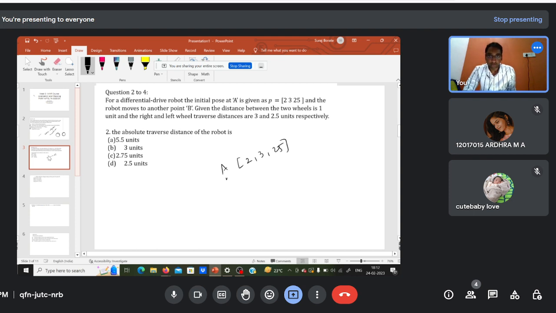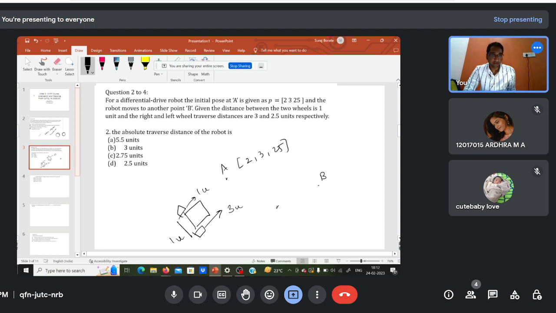The robot moves to another point B. Given that the distance between the two wheels, which means the wheelbase, is one unit, and the right and left wheels traverse 3 and 2.5 units respectively. So the right wheel has traveled 3 units and the left wheel has traveled 2.5 units. How much has the robot traveled? That is the question.